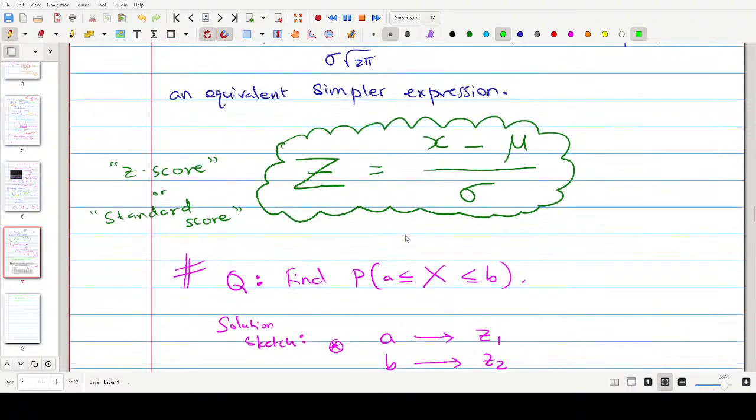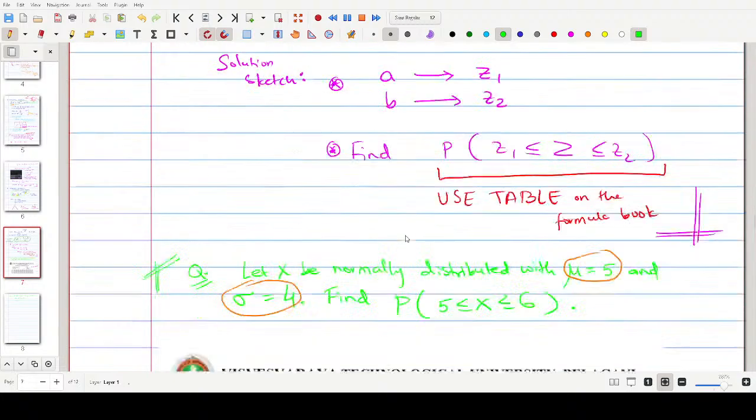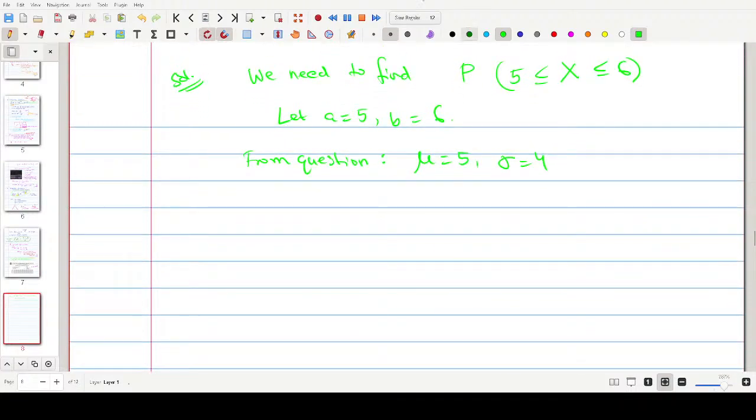To convert from A to Z1 and B to Z2, we will use this formula: Z equals X minus mu over sigma.